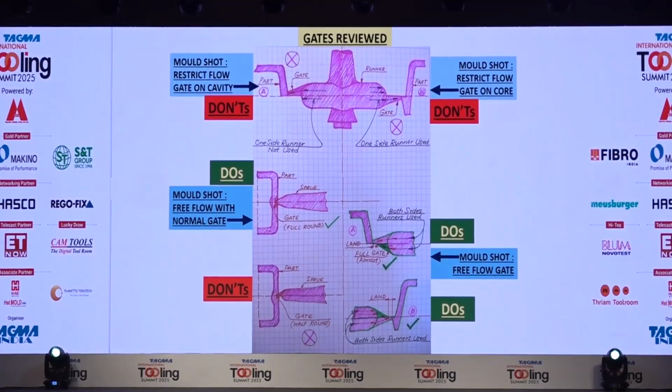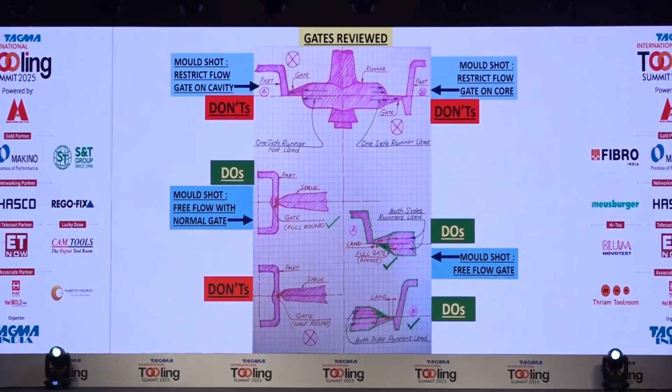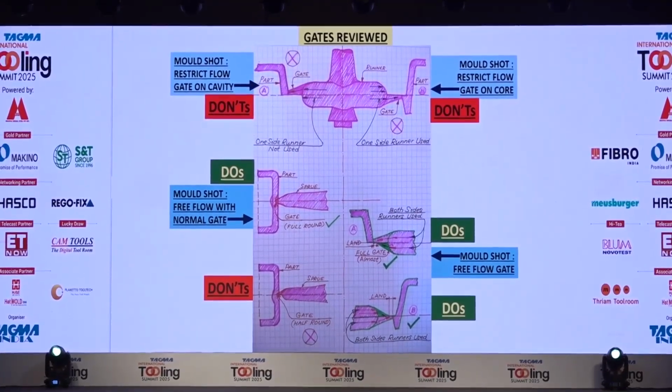The best practice, as you can see on the right side, is that closer to the gate on the fixed half, you make the plastic enter the other half also, so that it facilitates the filling. This is normally not made because it is overlooked by the designer. And once the designer overlooks it in an industry, nobody else will be there to stop that error, no matter how good the company is.